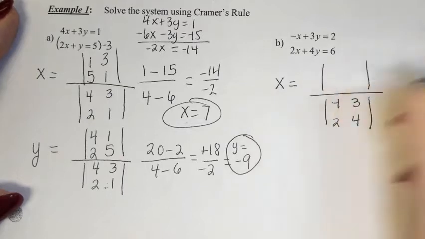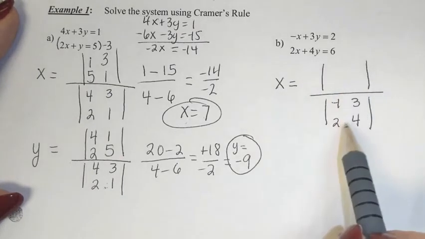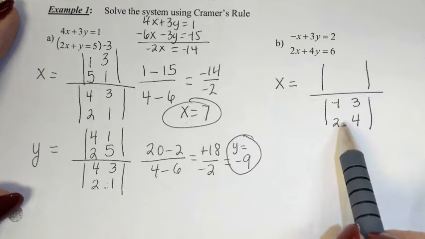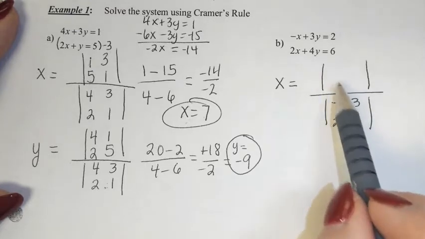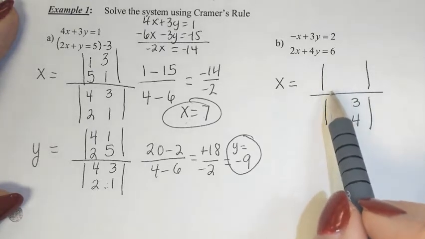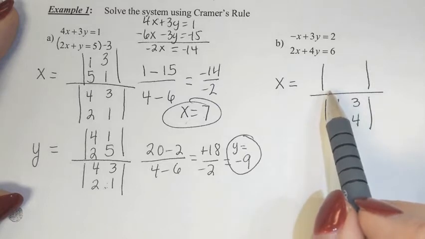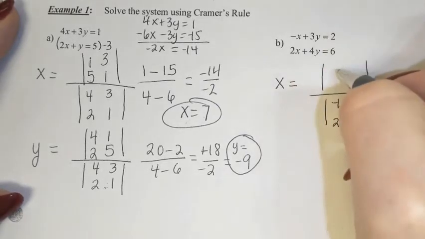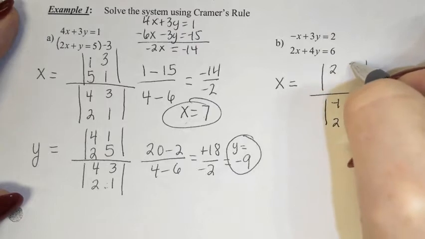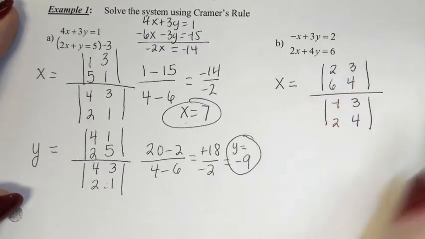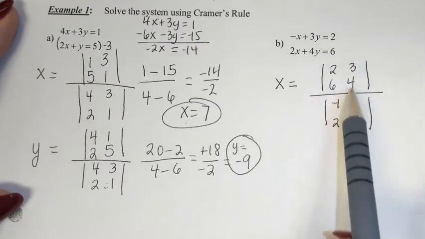Now, in the numerator, we have to replace those x's with the constants that are on the right. So that x column right there gets replaced with 2 and 6. So we're going to write that down: 2 and 6 for the x's, but the y's are not going to change.